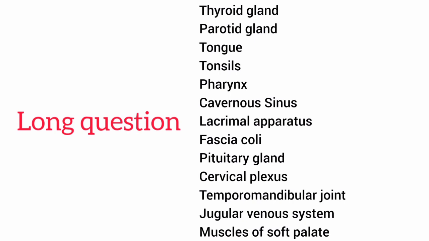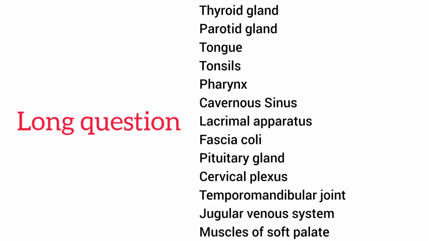So, same goes with parotid gland also. The tongue and tonsils are important in the sense of the nerve supply and the development. Same goes with pharynx.